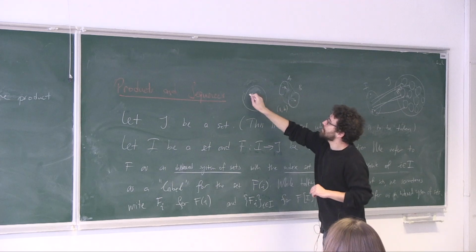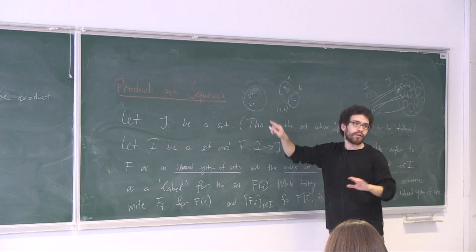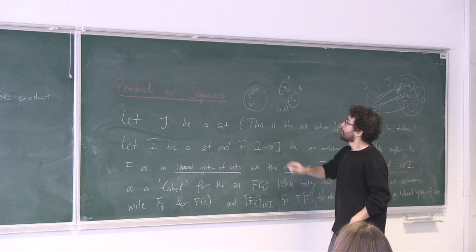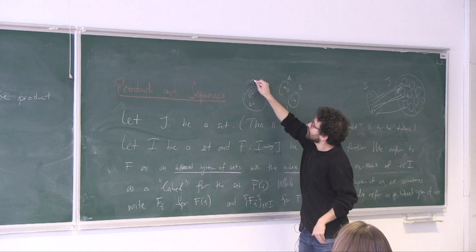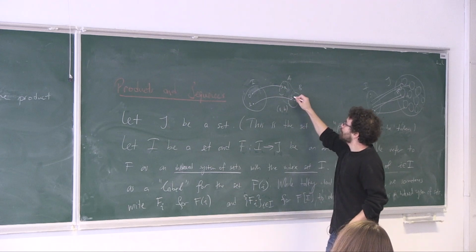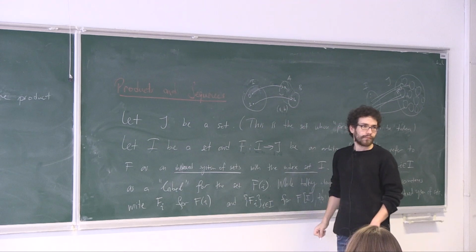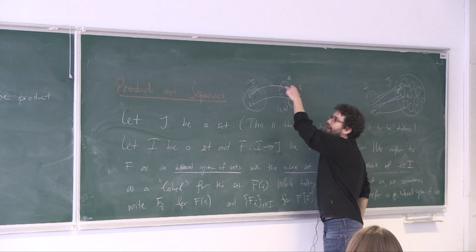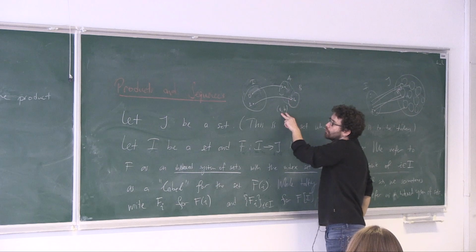Let me name this 0 and let me name this 1, whatever they are. We will define natural numbers later. Let me look at the function which maps 0 to A and 1 to B.